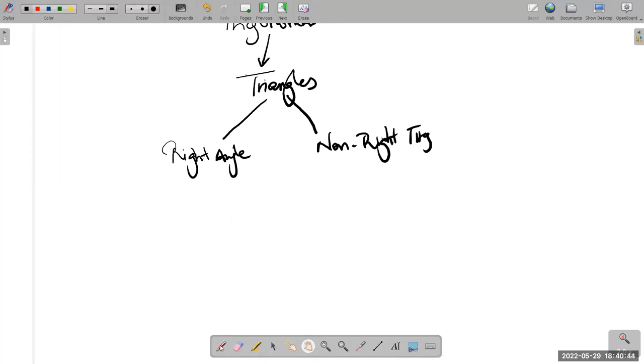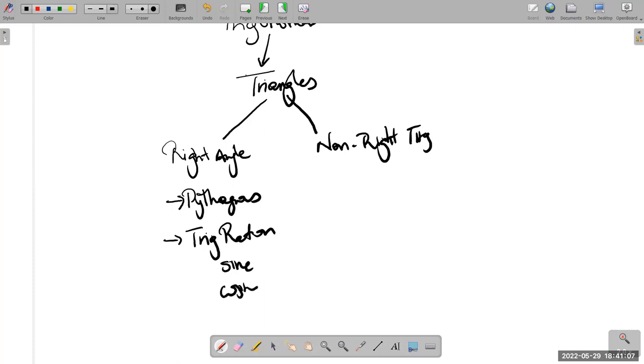The right angle triangle has specific rules. These are the only rules that you use for the right angle triangle. That would be 1, the Pythagoras theorem, and 2, the trig ratios. And when we say the trig ratios, what do we mean? Sine, cosine, tan. When we talk about the Pythagoras theorem, you should remember it out of your head.